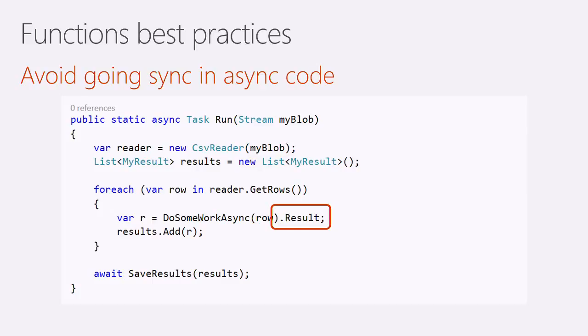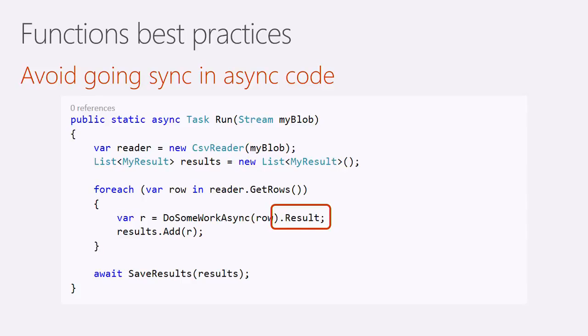You could do the same thing by saying .wait on a task, for example. Or you could be doing something similar by interacting with some other API that is just a blocking API. Whatever it is, it's going to cause you some problems.